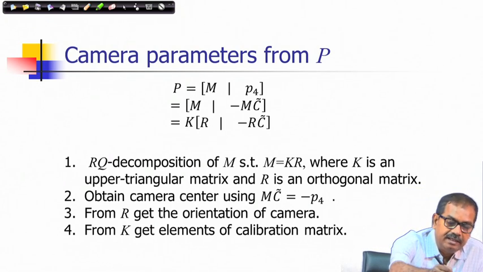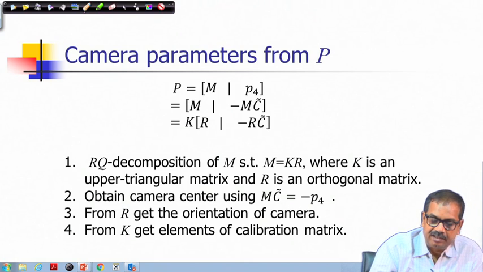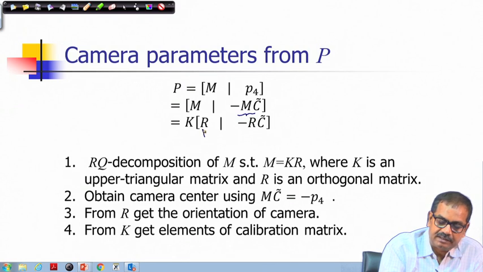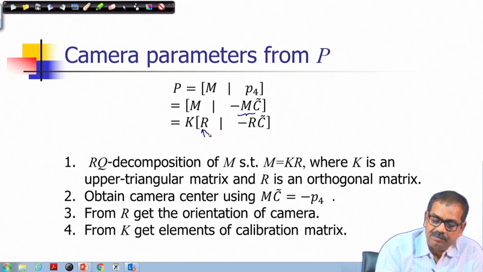So, here in this case we are again representing projection matrix in different form, like you have M P4 or M minus MC tilde, which is also representing P4, or you consider a decomposed form of M, where you have the camera calibration matrix and the rotation matrix, that is KR equal to M, then this part is minus KRC tilde.